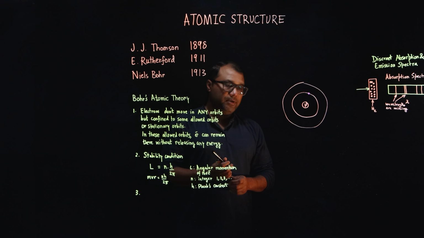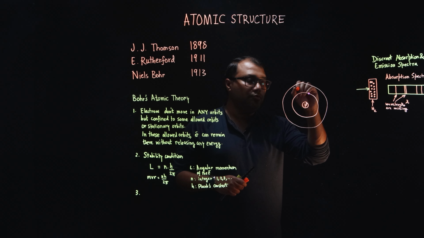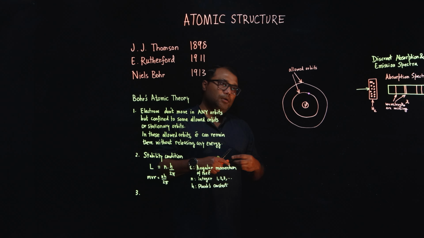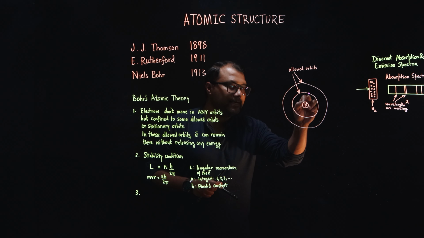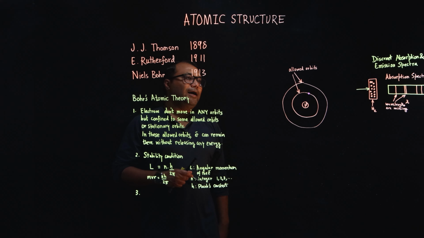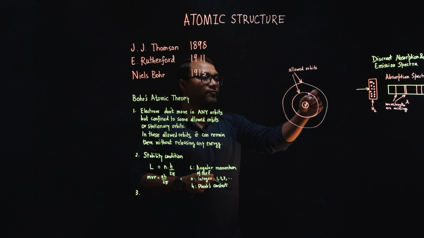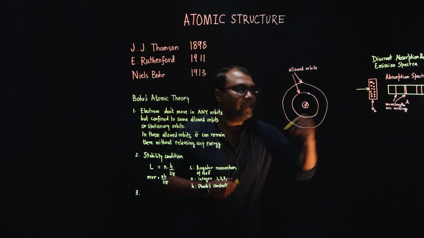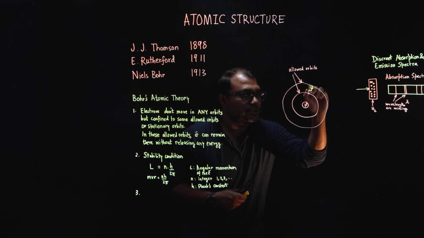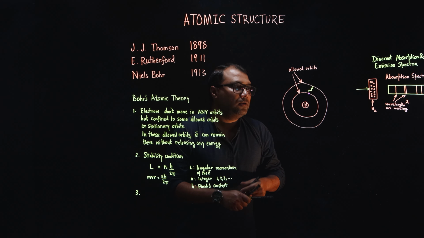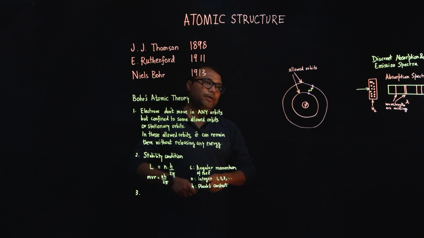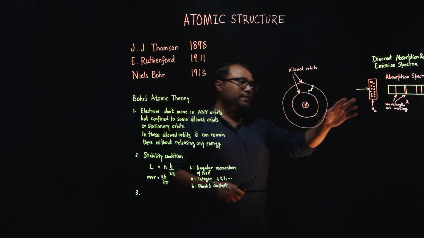So I will mention that these are the allowed orbits, which means when the electron is excited, it will jump to that outer orbit. It cannot exist anywhere in between or any other place. So when the electron is excited, it jumps to a higher energy level orbit. Okay? So that is what is happening here.